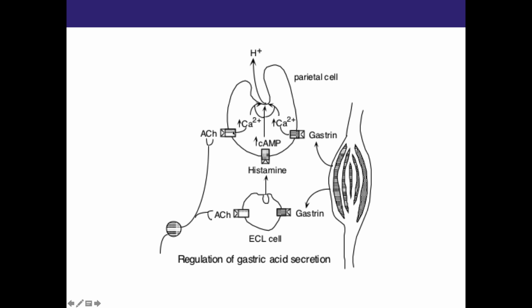I hope you remember this one: is it GS, GQ, or GI? If you increase calcium, that's GQ. This is a typical G protein coupled reaction. It activates GQ pathways, you get an increase in calcium, that helps to insert those proton potassium pumps, and you get more acid secretion.